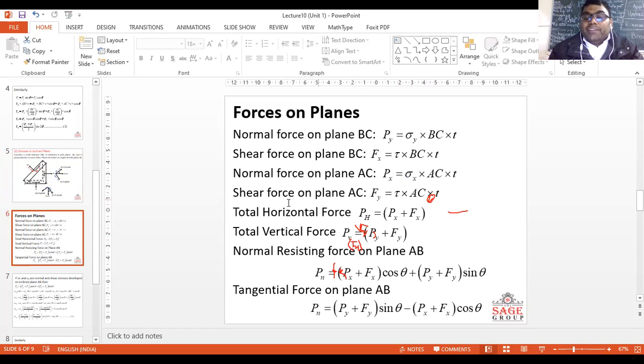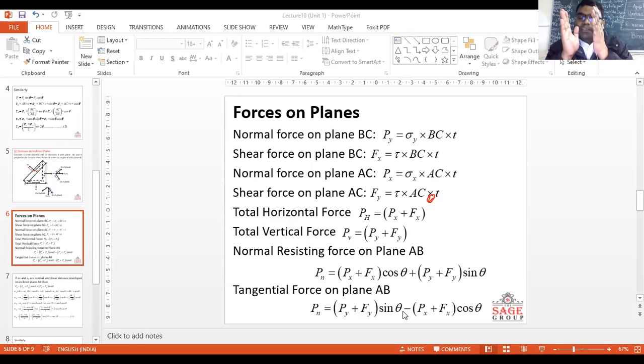So you can calculate the total horizontal force, PX plus Fx, and the total vertical force. Now the normal resisting force on plane AB and the tangential force acting on plane AB, the same concept we have adopted, just use the equilibrium of forces. Forces in the same direction, acting on the same plane and the same axis, you add on.